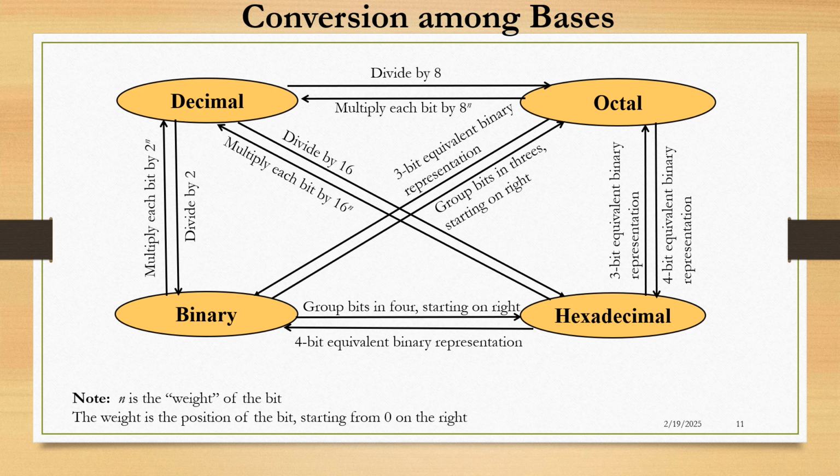Now the conversion among the bases: how we convert one number system into another number system. That is the most important part of number systems, which is called type conversion, where we have to change the bases. For example, if we want to convert a decimal value into octal, decimal to binary, or decimal to hexadecimal, which has base 16, how do we convert them?